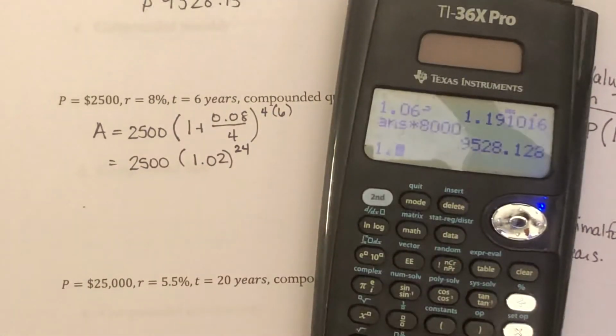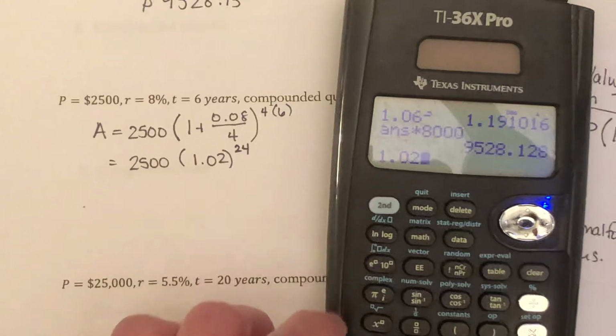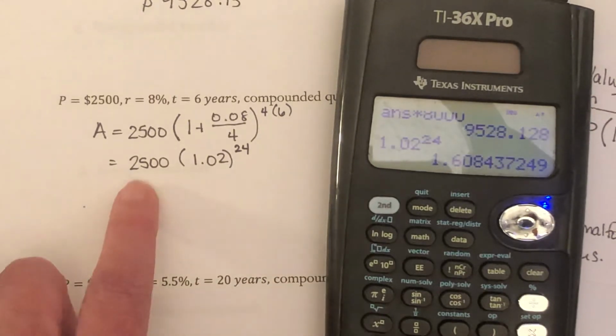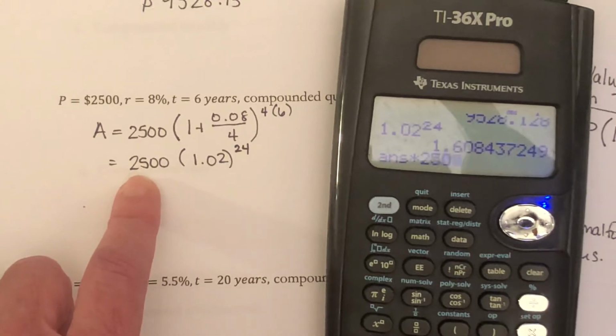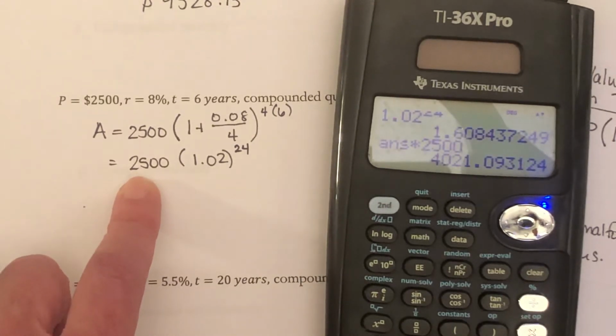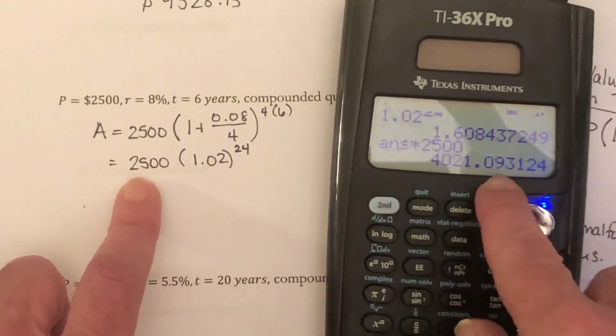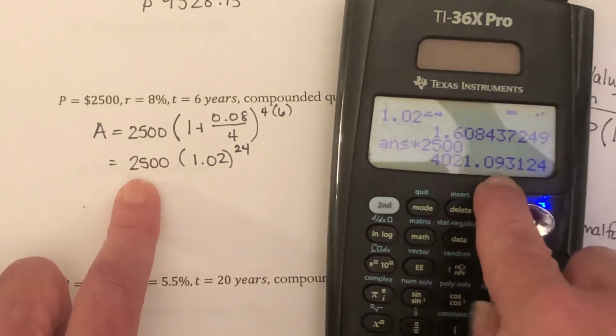So if I do 1.02 raised to the 24th power, and then multiply that by 2,500, I get $4,021, and we're supposed to round to the nearest cent. That 3 is going to keep it the same, so 9 cents.